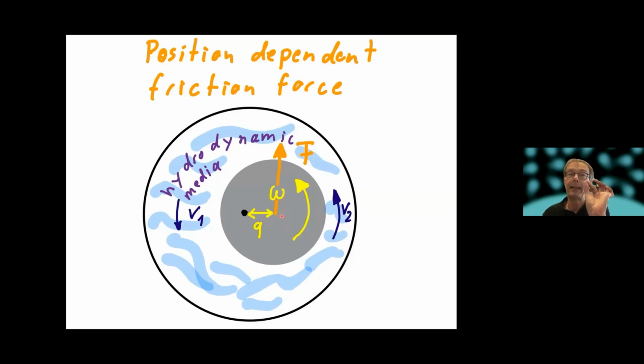If you slightly go away from the center, since it's a hydrodynamic medium, you will have a larger velocity here and a larger friction force here, which will give you a total friction force upwards. And this friction force is position dependent and not, as we often associate, velocity dependent.